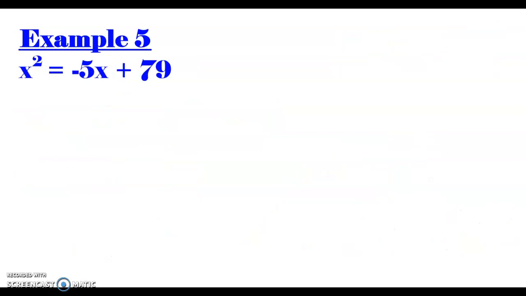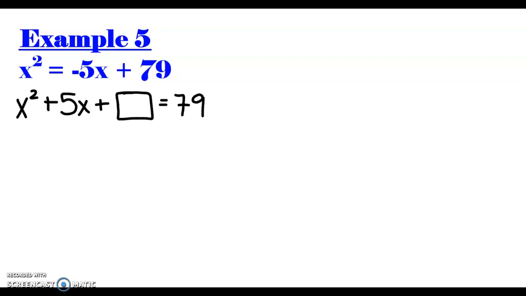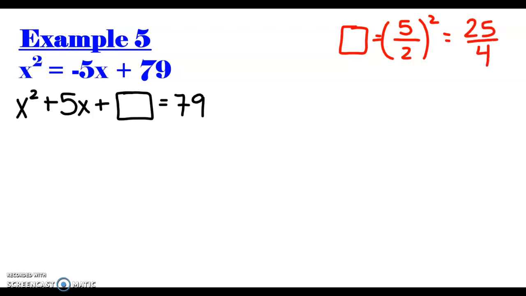All right, number 5. Again, I need x squared and bx on one side. So I'm looking at x squared plus 5x plus save a seat for magical c equals 79. So magical c, I've got b, which is 5, half it, square it. So 5 halves I can't reduce, so 5 squared is 25, 2 squared is 4.